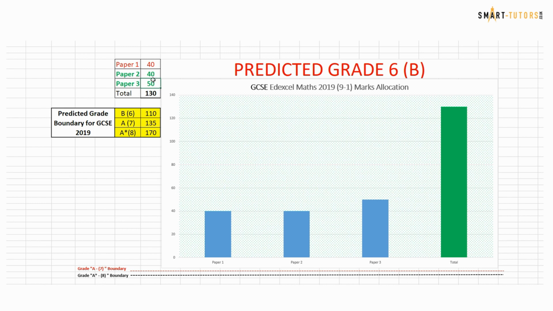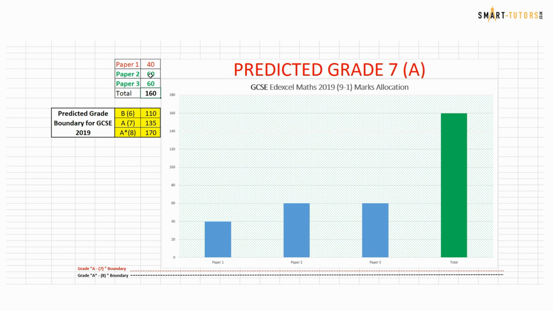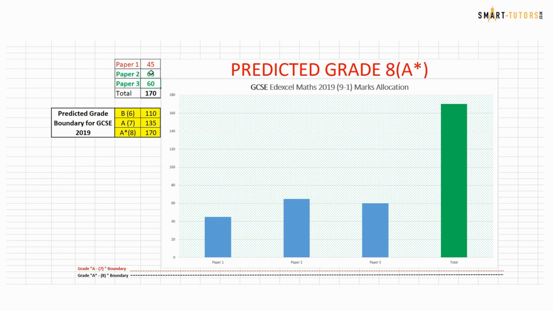And now there's a chance on paper 2 and paper 3 you can get 60 and 60, so you can see your grade boundary secured at 7, which is A, right? So in order to get 8, for those who are aiming to get A star level 8, you have to remember, in case you have some silly mistakes in paper 1, assuming that you get 45 out of 80 marks on the first paper, you have to do paper 2 65 and minimum 60 on paper 3 to get an A star position.